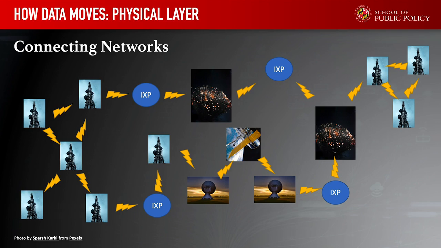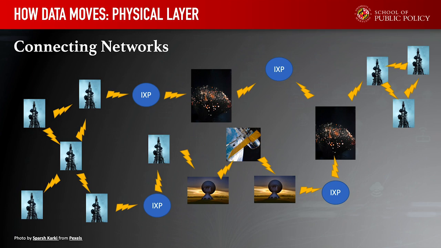So here's a really, really simple diagram. And in this diagram, I've got a couple of different networks that are working together. We have some terrestrial microwave, we have some fiber optic, and we also have some satellite-based technology. And you'll notice that at different parts in this diagram, we have an IXP. So a terrestrial network comes together to work with a fiber optic network, or that terrestrial microwave network might come together and work with a satellite transmission.